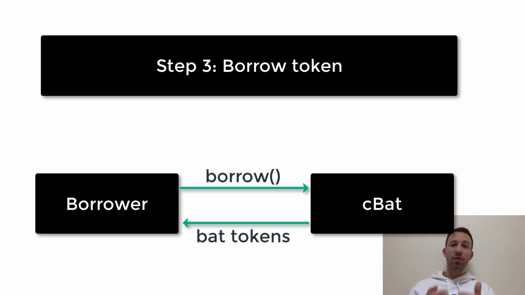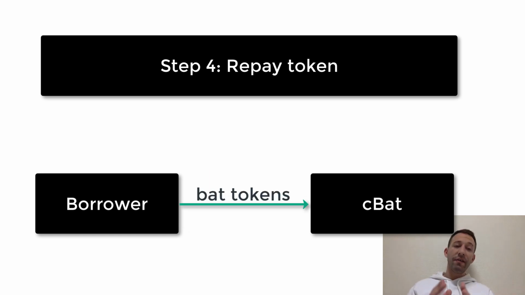The next step is when you're going to actually borrow the token. So for example, if you want to borrow the BAT token, then you're going to call the borrow function on the cBAT smart contract, and it's going to give you some BAT that you can use in whatever way you want. There is no duration for the loan. You can pay back this BAT token whenever you want.